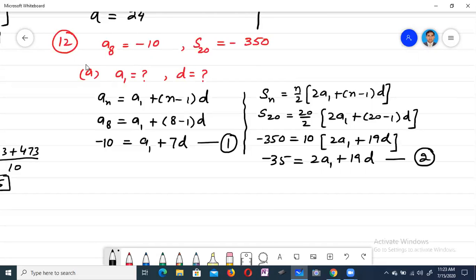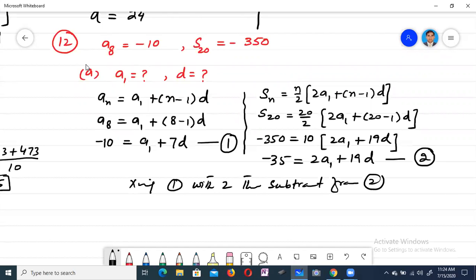Now we will solve both the equations and will get a1 and d, meaning first term and the common difference. We are multiplying equation 1 with 2 on both sides. Then subtract from equation number 2.